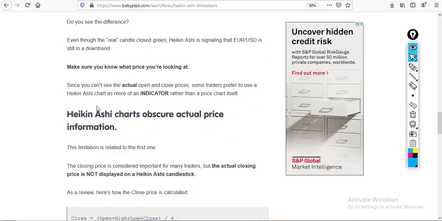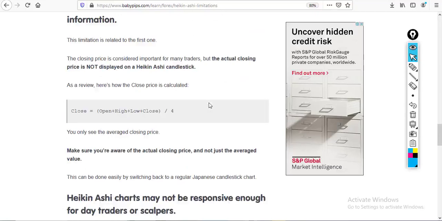Since you can't see the actual price action for the day, many traders prefer to use the Heikin Ashi chart as an indicator rather than a price chart itself. The Heikin Ashi chart obscures the actual price information, which we have just seen from the examples we looked at.